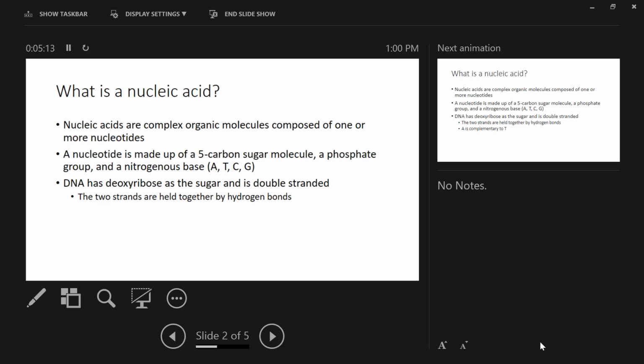Now, the 2 strands are held together. So DNA is double-stranded. The 2 strands are held together by hydrogen bonds. Now, somebody remind me about hydrogen bonds. Are they really strong bonds or relatively weak bonds? Do you remember?